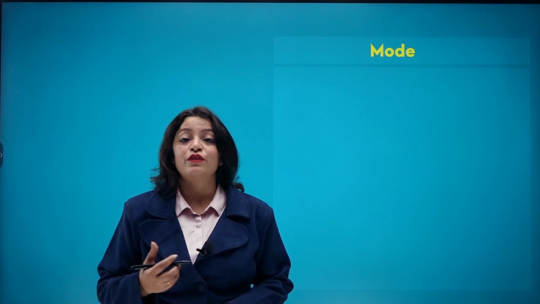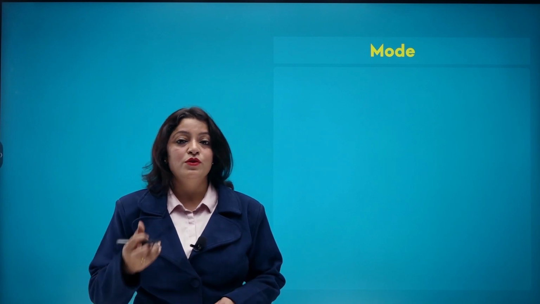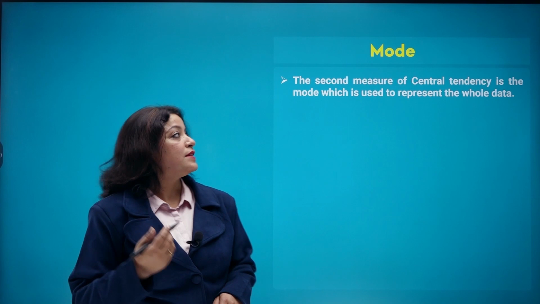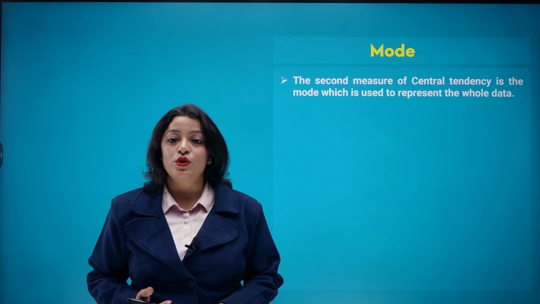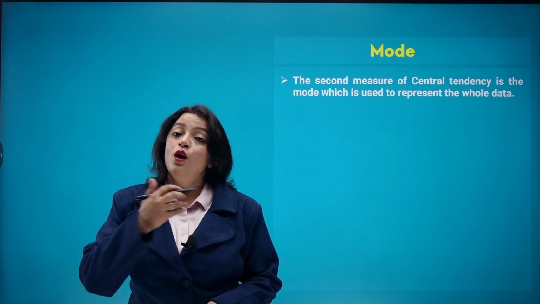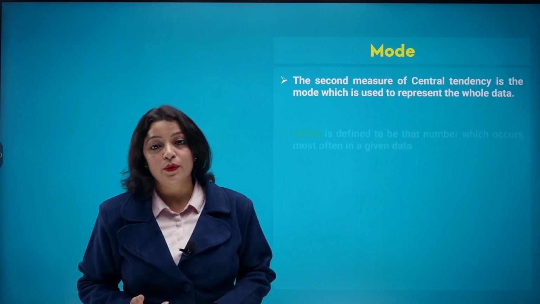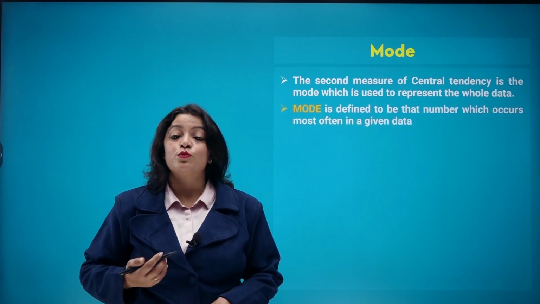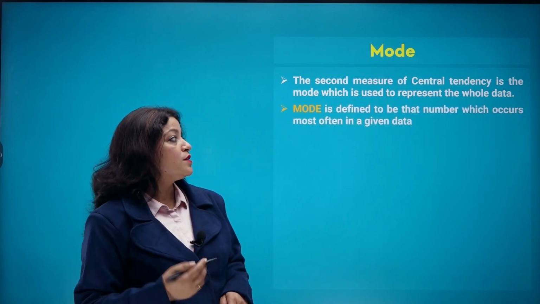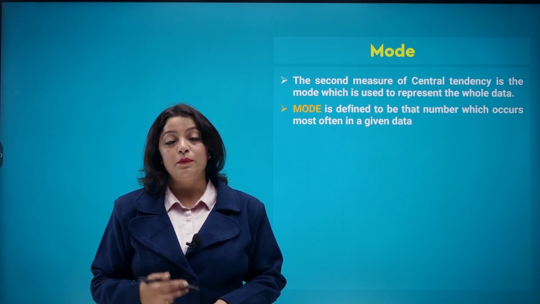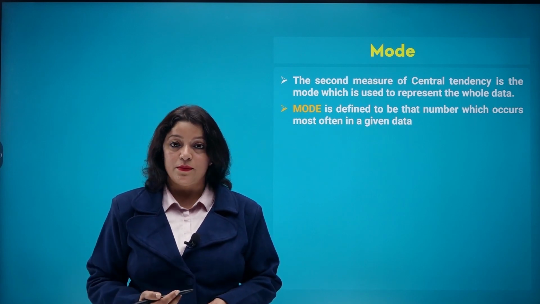A new word is there, frequency. So how many times an observation is occurring, that is frequency. The second measure of central tendency is mode, which is used to represent the whole data. It is defined as that number which occurs most often in a given data, that means which occurs the maximum number of times.